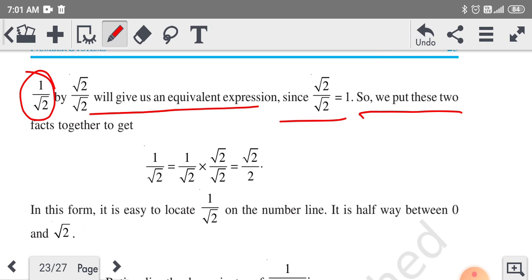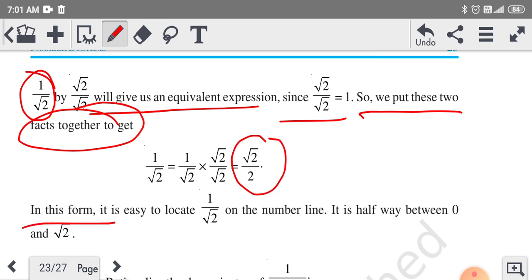So we put these two facts together, we get 1 by root 2 equals 1 by root 2 into root 2 by root 2, that is equal to root 2 by 2. In this form it is easier to locate 1 by root 2 on the number line. It is halfway between 0 and under root 2.